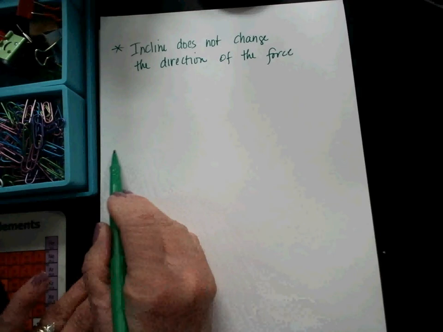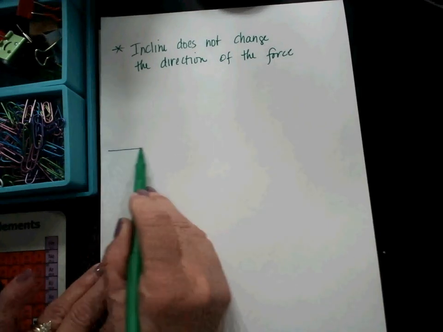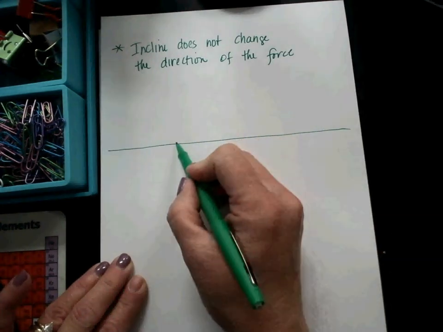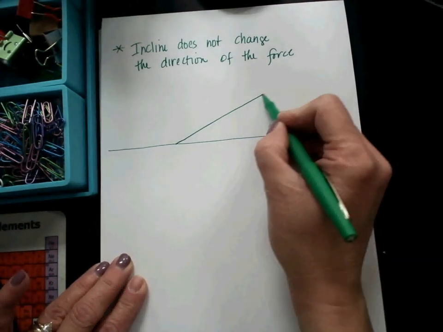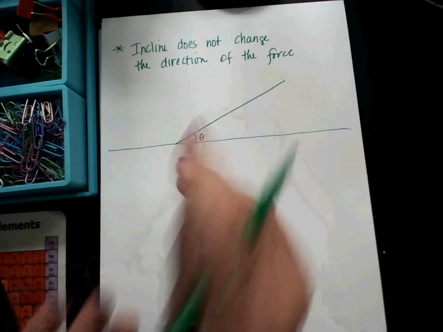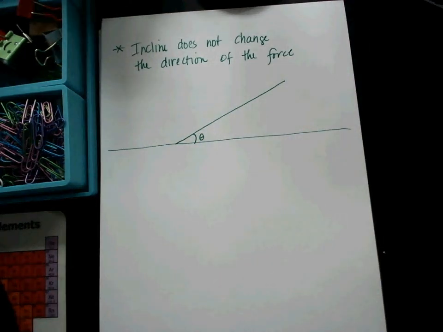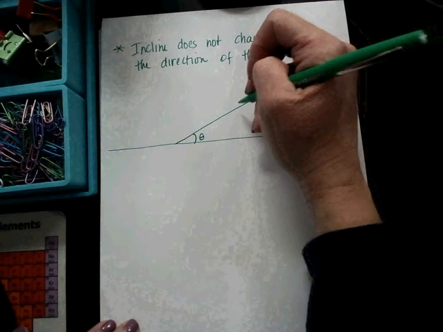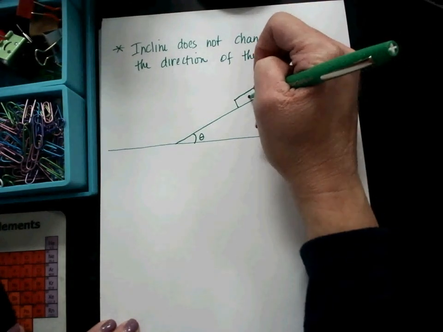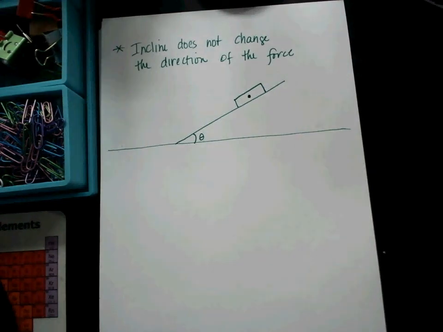The way I draw it looks a little different. I have to show a little more of my system. I show my tabletop. I show my board with my angle, whatever that is, you can figure out when you need it. I show my book, and I show my center of mass.